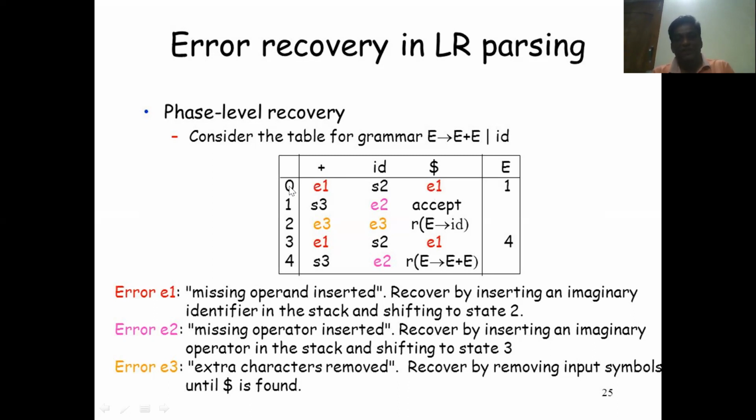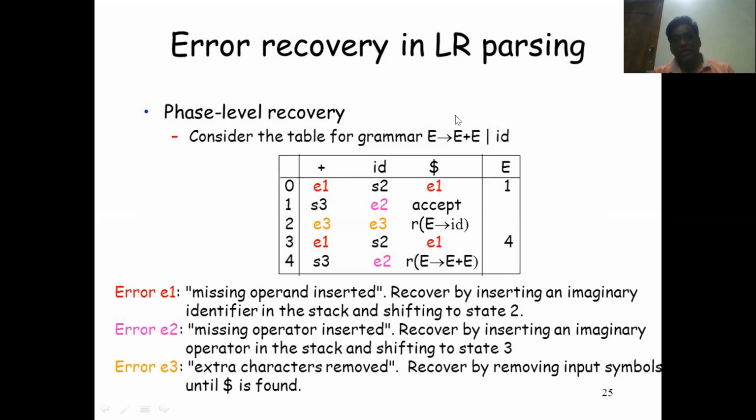What does this mean? State 0 means that you are just starting the processing. The parsing has just started. So on state 0, if you directly encounter plus, it means that an operand is missing. Generally, operand 1 plus operand 2, that is ID plus ID, will be the correct statement in this grammar.